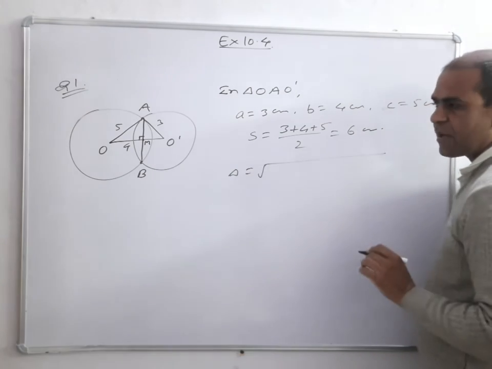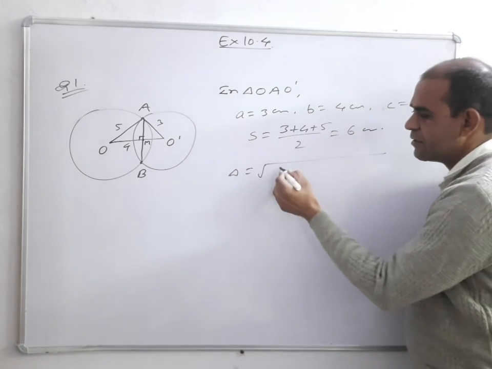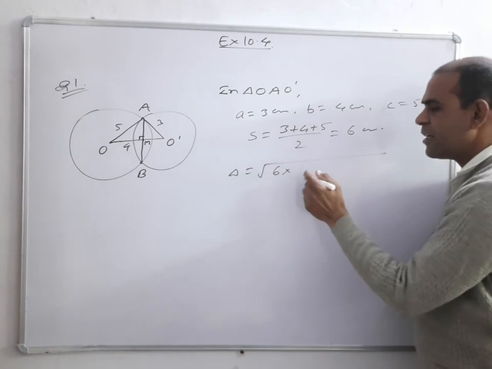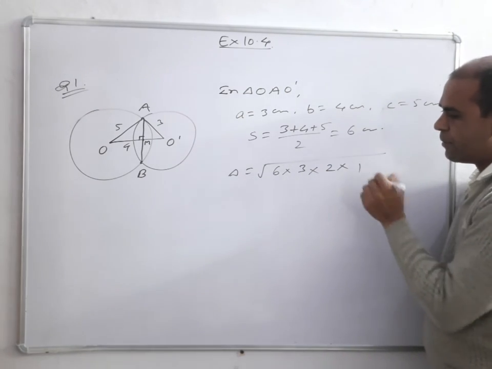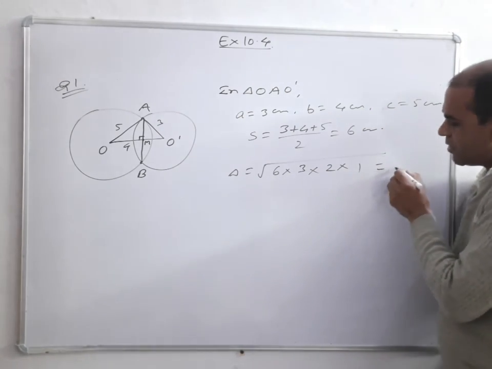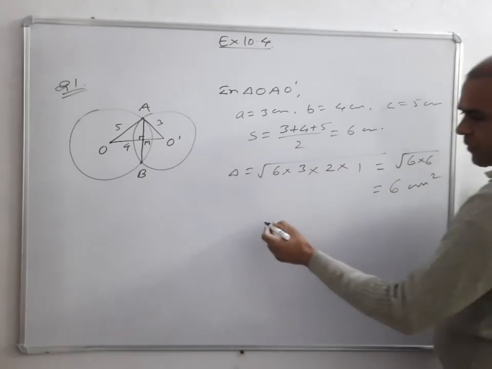And using Heron's formula, because three sides are given: s is 6, 6 minus 3 is 3, 6 minus 4 is 2, 6 minus 5 is 1. And its multiplication is 6 into 6, 36, so 6 centimeter square is the area.